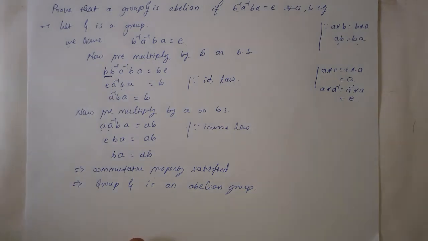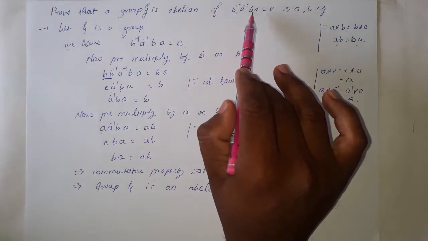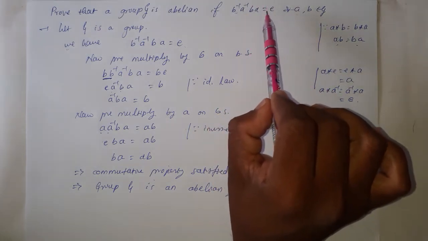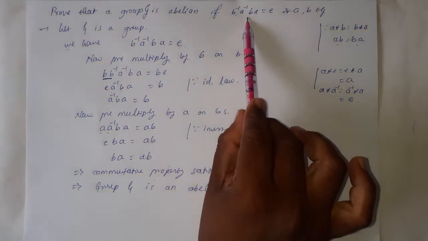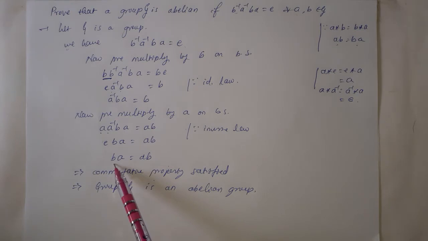So therefore if the condition B inverse A inverse BA is equal to the identity element E holds, then G will be an abelian group. Meaning if this condition is true, then that is nothing but AB is equal to BA, because indirectly we are proving that AB is equal to BA, meaning the commutative property is satisfied.